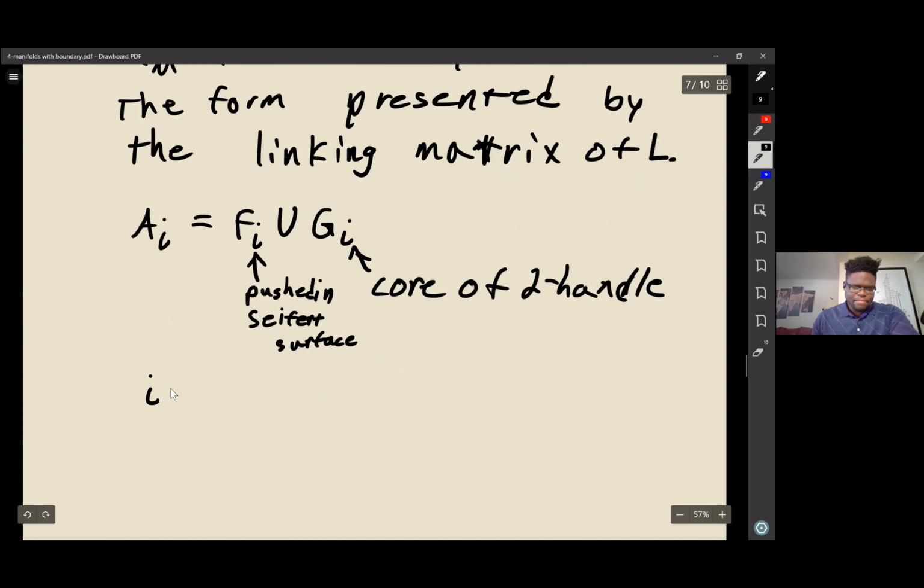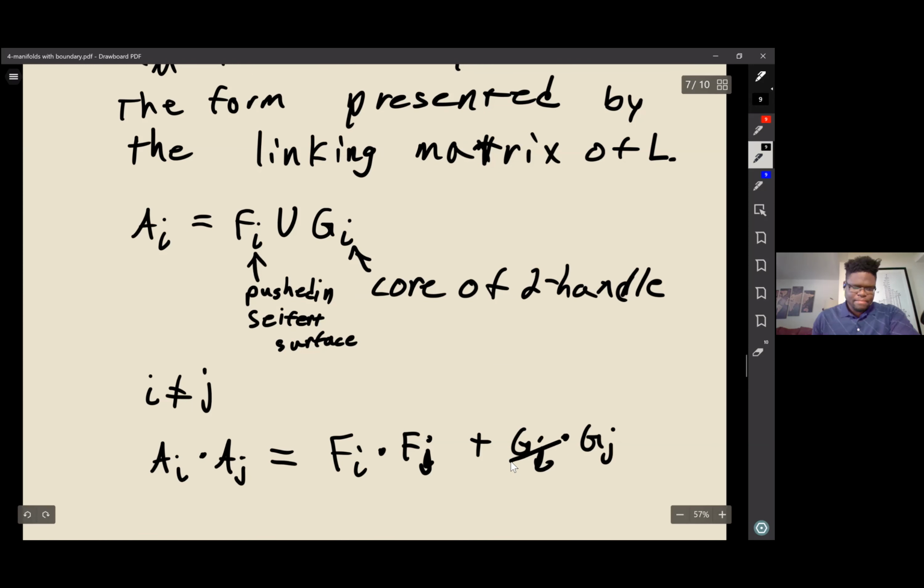So for i not equal to j, the algebraic intersection number of A_i and A_j is going to be the algebraic intersection number of F_i with F_j plus the algebraic intersection number of G_i with G_j.